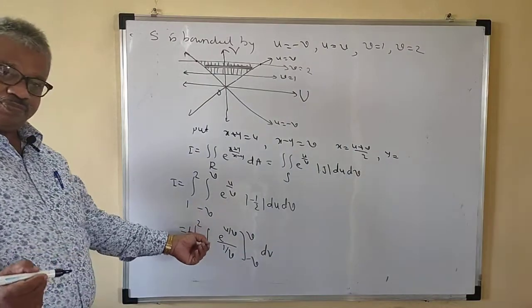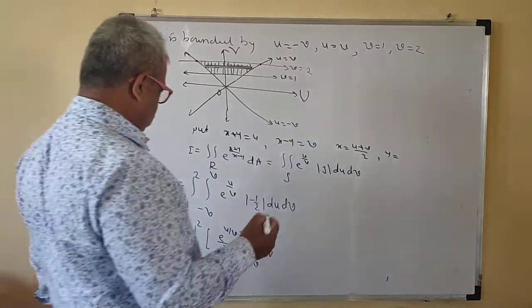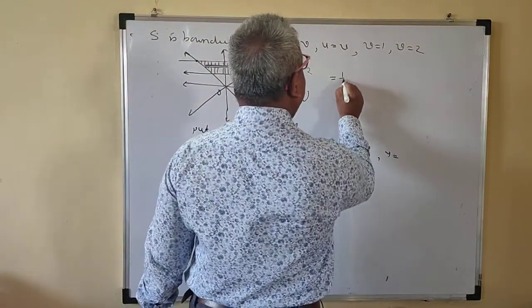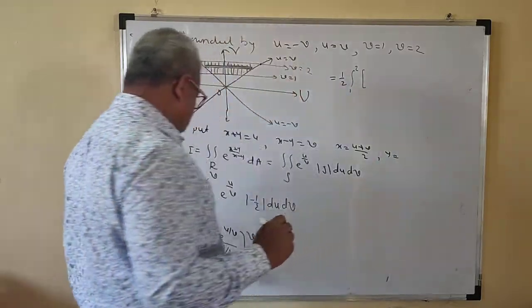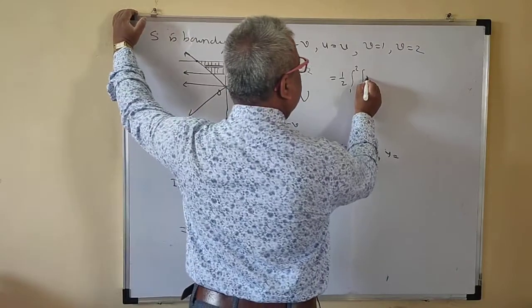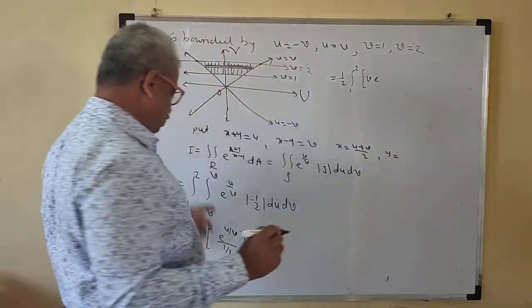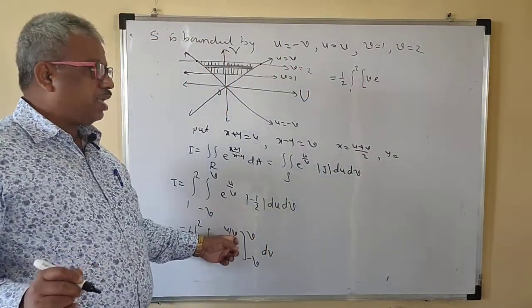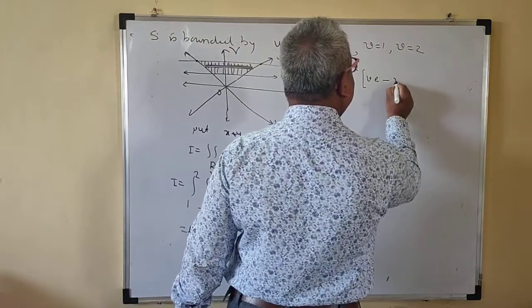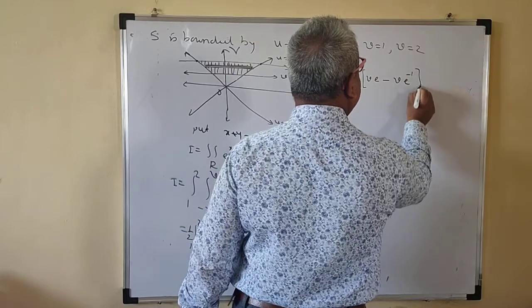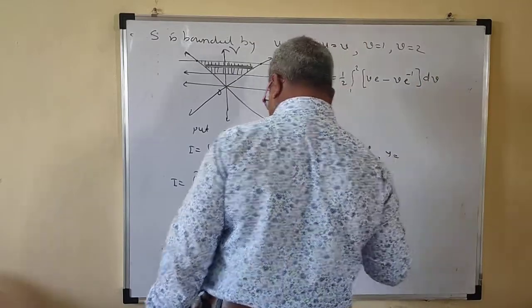First I will put v, and then I will put minus v. So this is half, integral from 1 to 2, of v times e raised to 1 minus v times e raised to minus 1, dv. If I put u is equal to v, then the v gets cancelled.